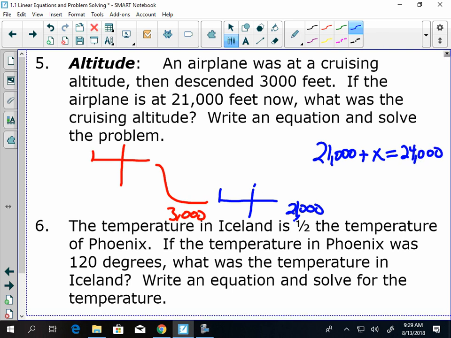Well, where did I get 24,000 feet from? Well, that's where it was, right? I just made this my x. I manipulate it any way I want. Now, if I want to put the 3,000 in, 21,000 plus 3,000 equals x. So it was at 24,000, wasn't it? It dropped 3,000, now it's at 21,000.